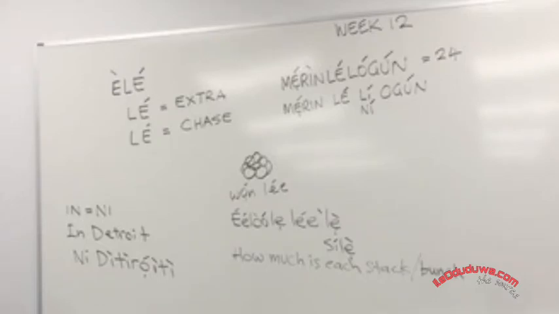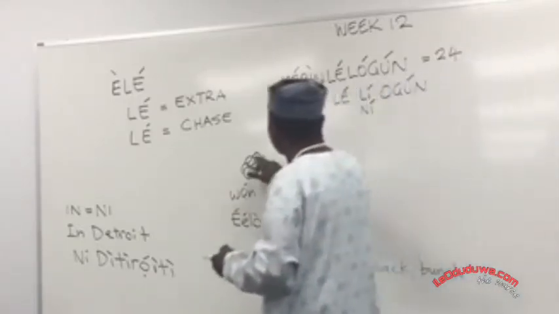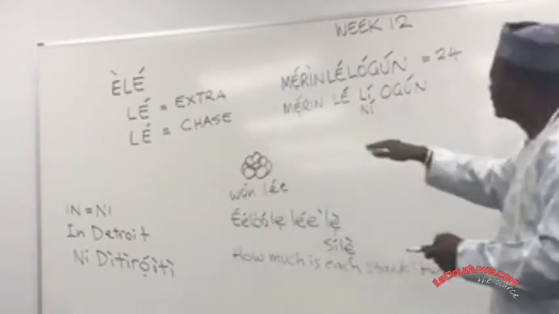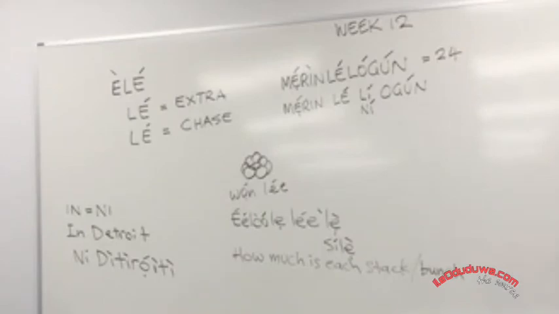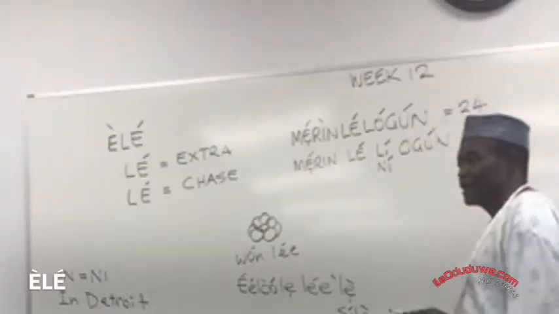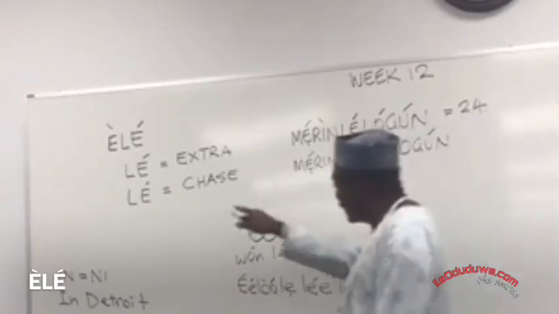So lay means you are adding extra to it. You are adding extra to whatever you're counting. Now, ele, right, which is derived from le.